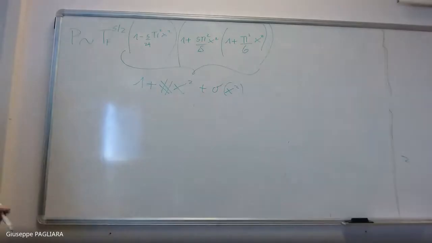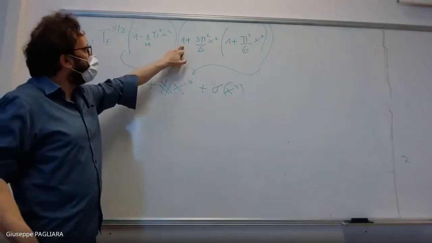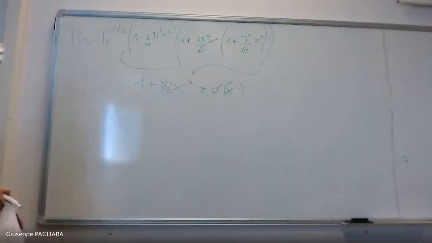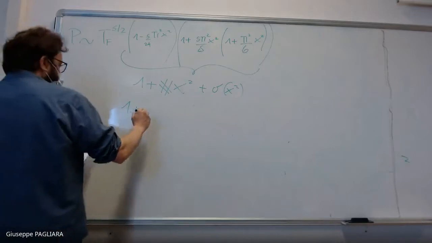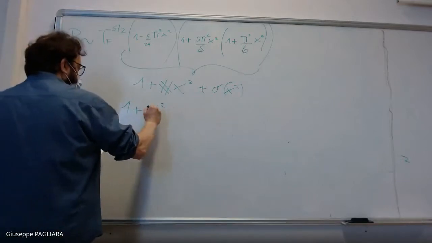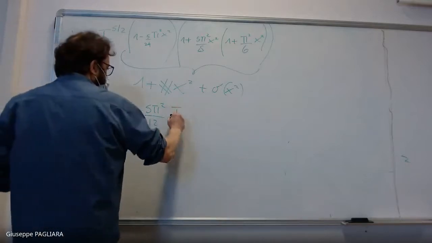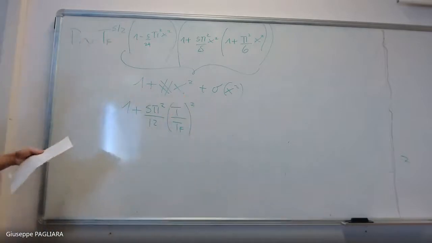If we keep just the number in x squared, you get this times 1 and this times 1, and if you do the calculation, which is trivial, you see that this is 1 plus 5 pi squared divided by 12 x squared, which is T divided by T_F squared.